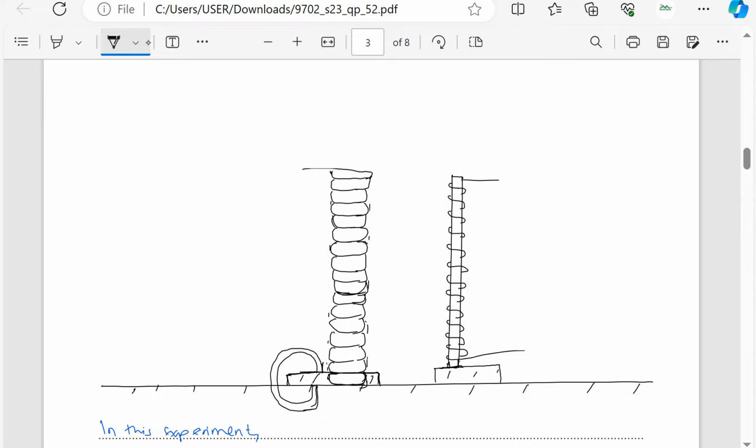Then I can also fix this one with a G-clamp. Okay, so that is a G-clamp. I must have a cathode ray oscilloscope this side, so I will put a CRO this side.